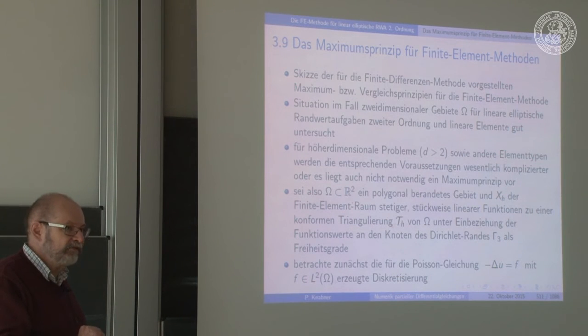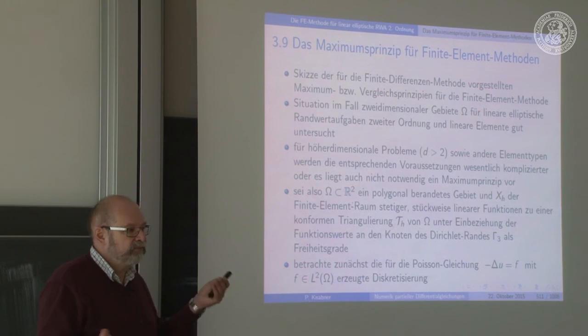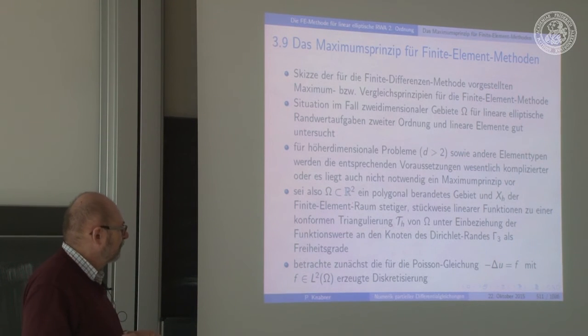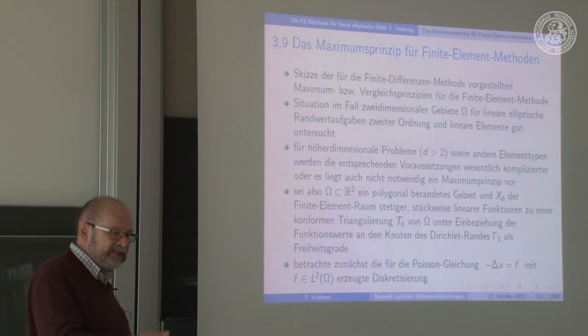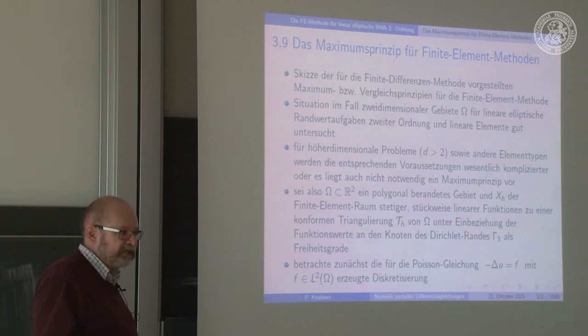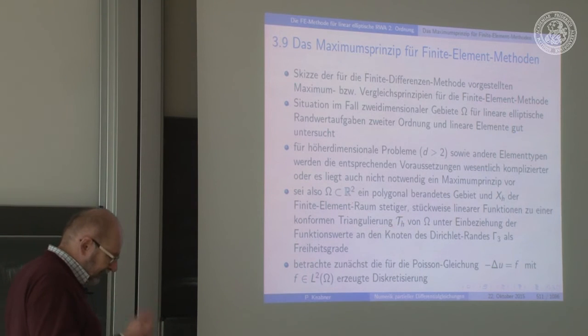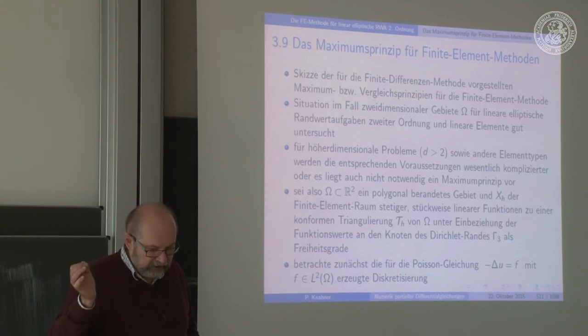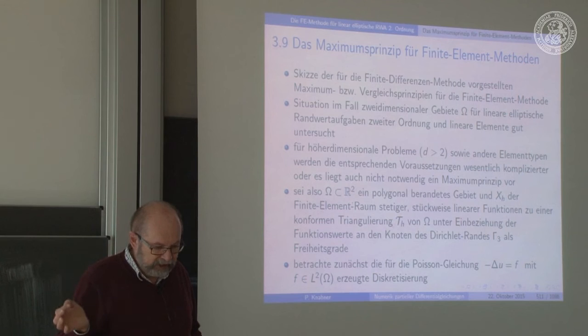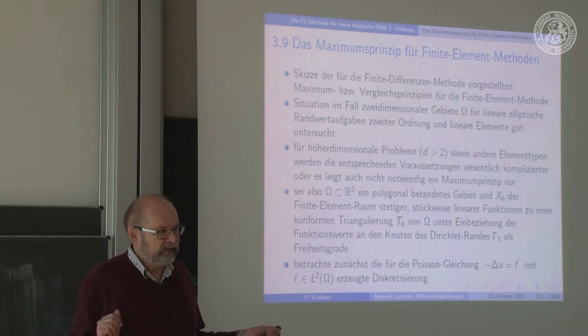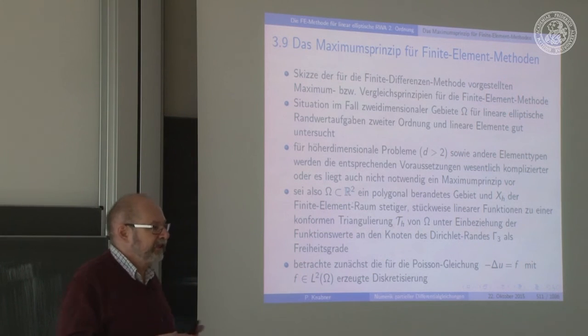The question is now, if we have a more general unstructured triangulation, because our domains demand that, what kind of conditions are necessary to ensure the maximum principle, which we have seen already in a special case? We have seen that in the Friedrichs-Keller triangulation, if I have elements which have one right angle and two acute angles, everything is okay. Can I allow for more? That is the question.